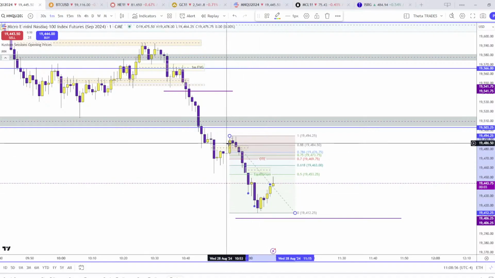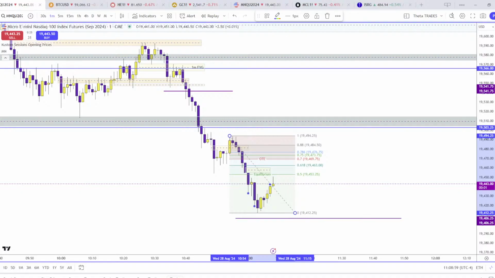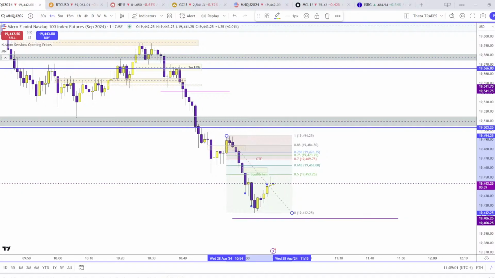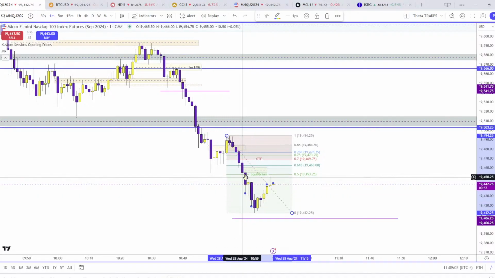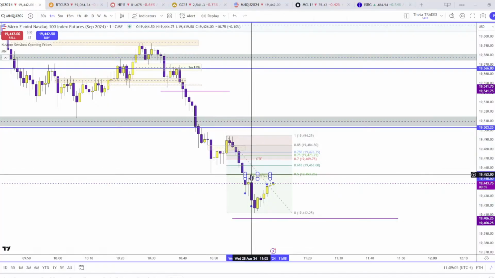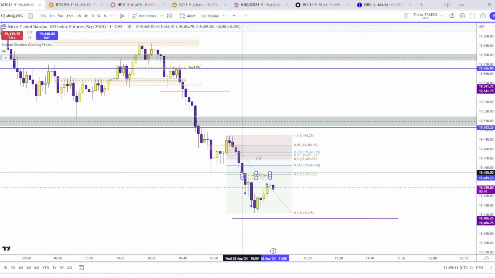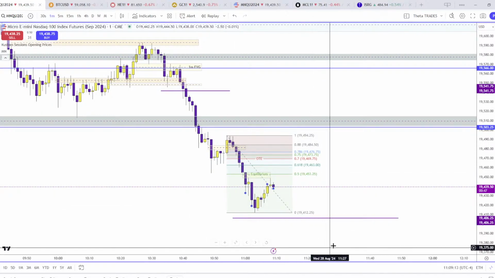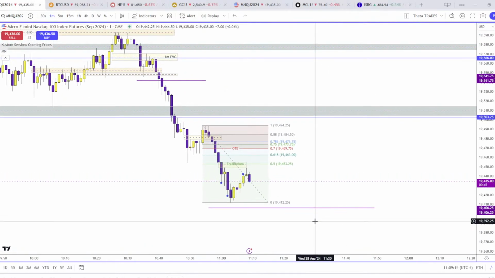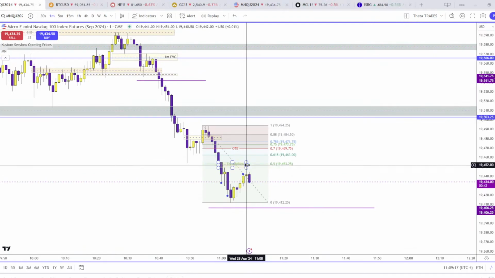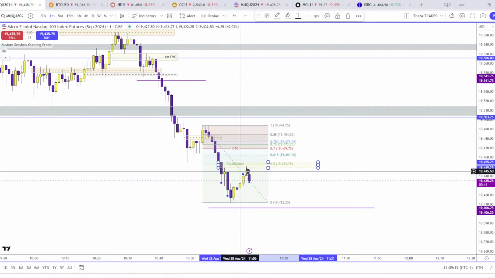Otherwise, we're just trading internal range liquidity right now. Now there is another one right here. See how we treat it back inside it? Right there.